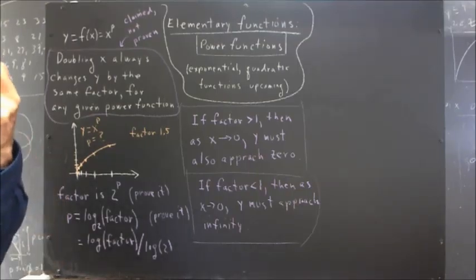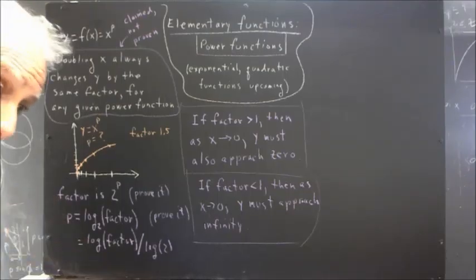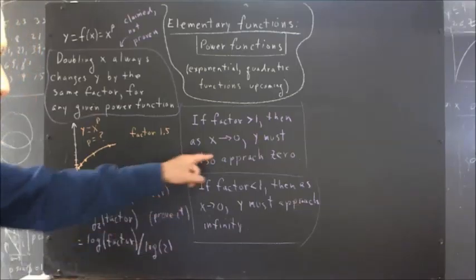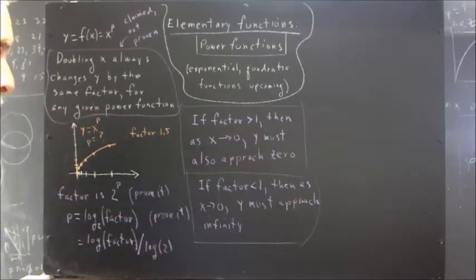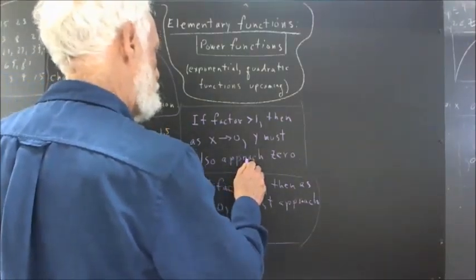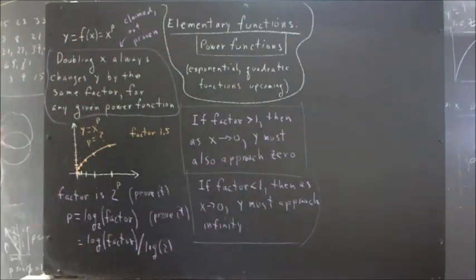And it's pretty clear that if you keep taking half of a number, it's going to approach 0. And if you keep taking 2/3 of the number successively, it's going to approach 0. That's really what we're talking about here. We approach 0.